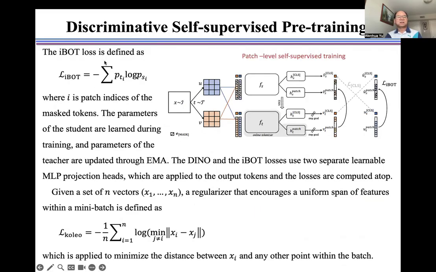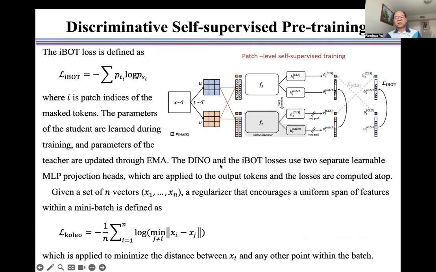The iBOT loss is defined as here and explained in this figure, where i is the patch indices of the masked tokens. The parameters of the student network are learned during training, and the parameters of the teacher network are updated through exponential moving average, as shown here.